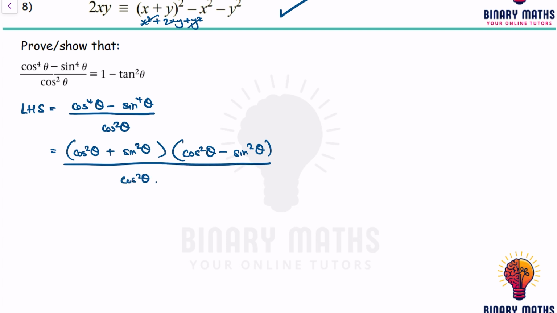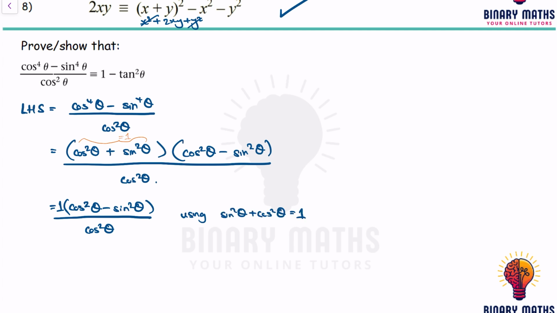Now what I do know is that cos squared theta plus sine squared theta is equal to 1, using one of my trig identities. So that becomes cos squared theta minus sine squared theta times 1 all over cos squared theta, using sine squared theta plus cos squared theta is equal to 1.